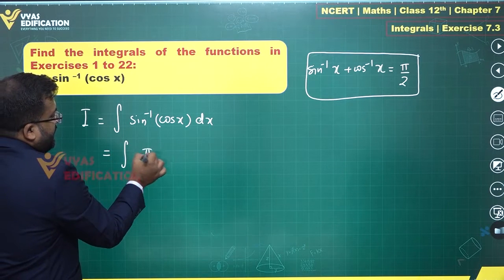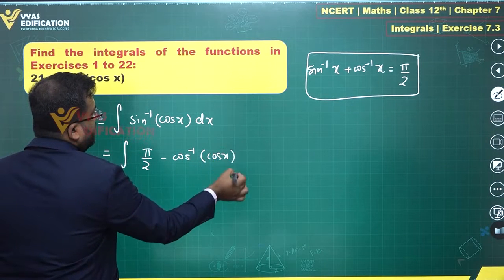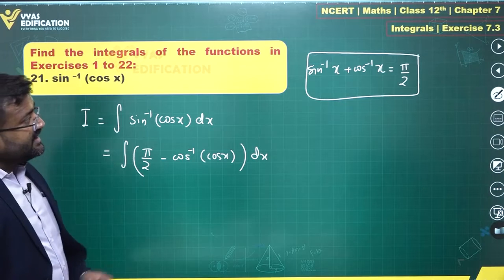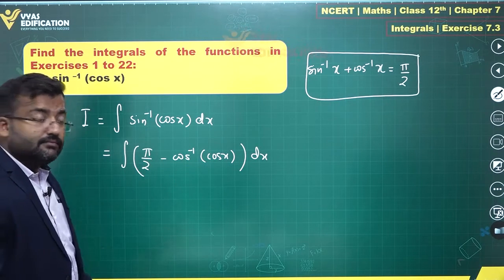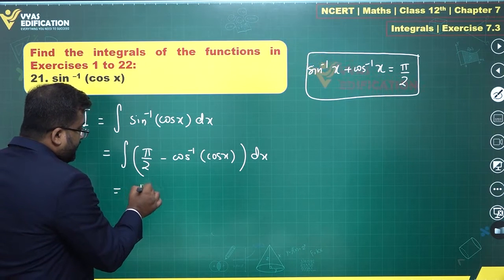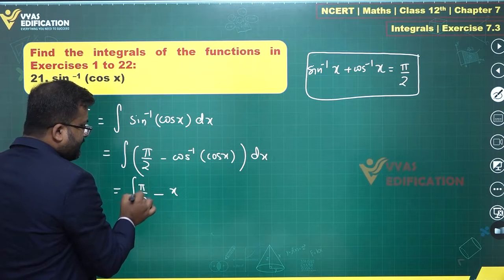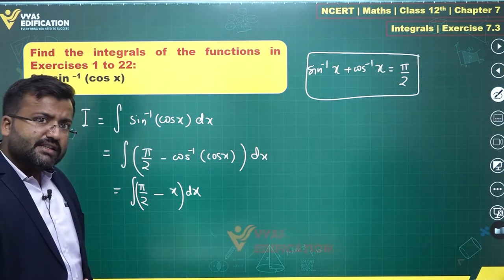I can write it as pi by 2 minus cos inverse of that cos something, right? Yes, please observe. Sine inverse x is pi by 2 minus cos inverse x, right? Simplified further, cos inverse of cos x is x. This is what you can write it as.